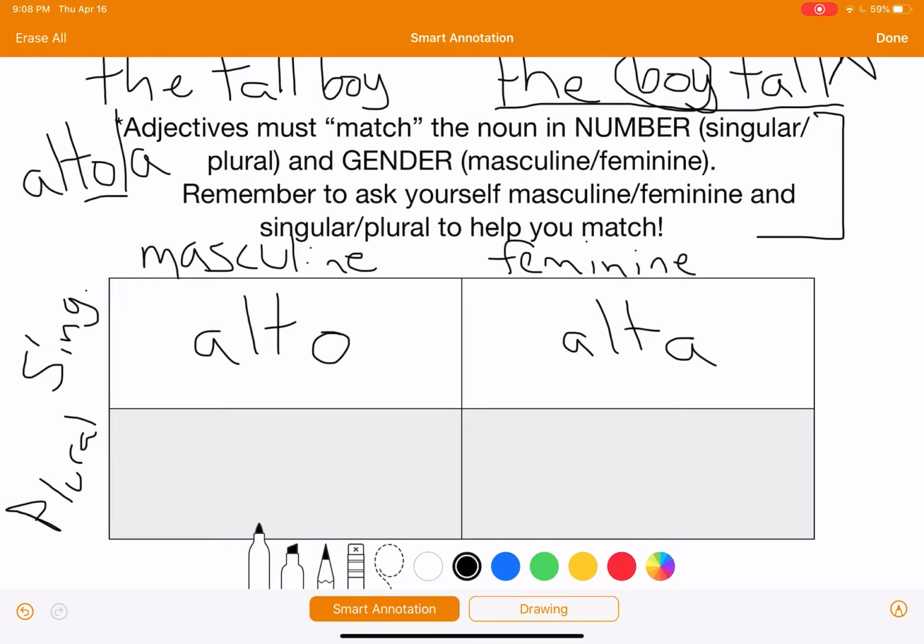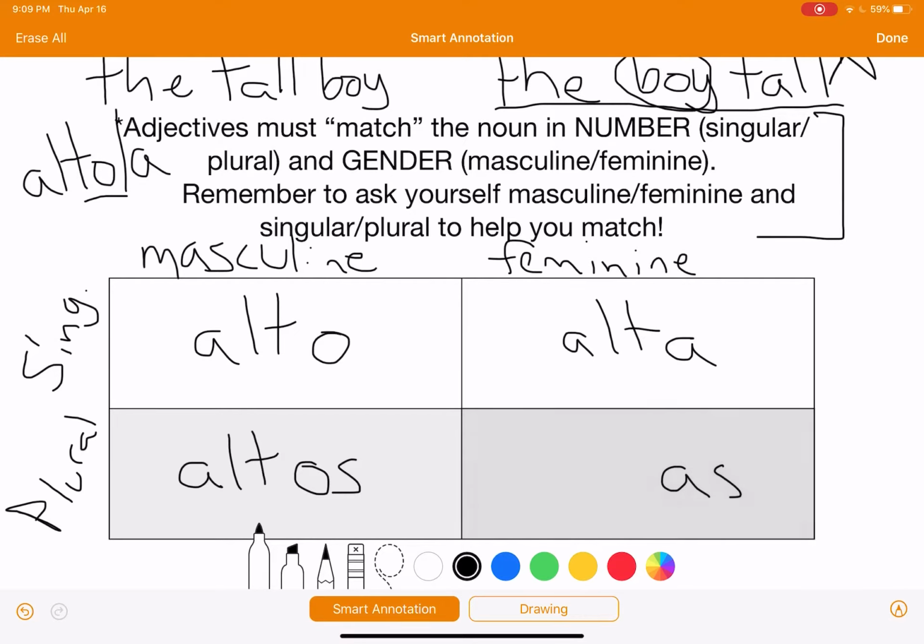If you have a noun that is masculine and plural, so let's say we're talking about a group of boys, your ending is going to be OS. Okay, basically, we just take the original ending in the singular form and we make it plural. Okay, so with the word auto, we would say autos.